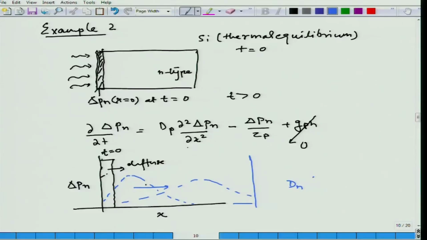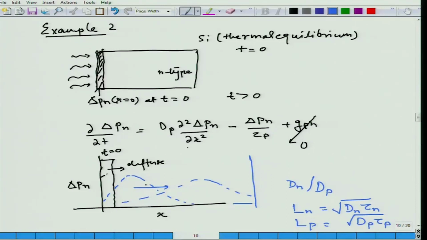of the electrons or the diffusion constant of the holes, what is very important is the diffusion length for the n, which is given by the square root of the diffusion constant of the hole multiplied by the lifetime of the electrons, or for holes it will be given by the diffusion constant for the holes multiplied by the lifetime of the holes.